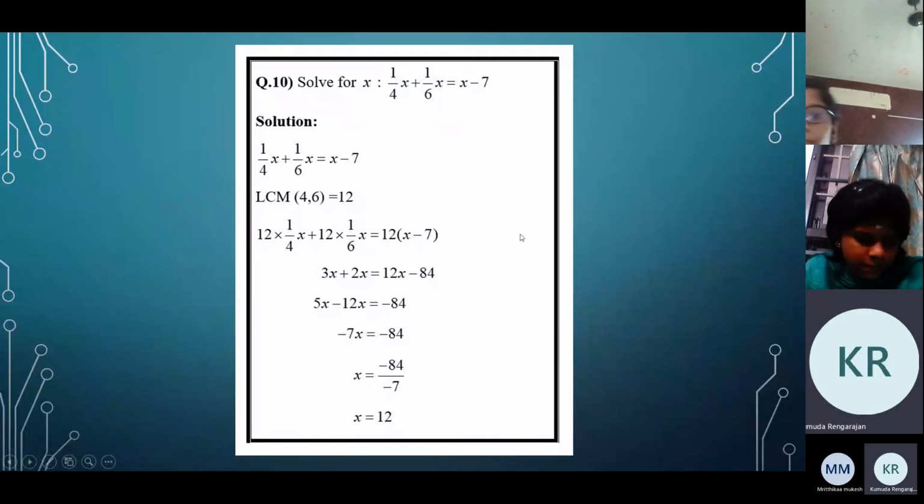All right, children, see, the procedure is the same. Just let me know where you had trouble. I've shared my screen. The procedure is the same, children, so I don't know where you've gone wrong. Please ask me. LCM, multiplying, same steps.